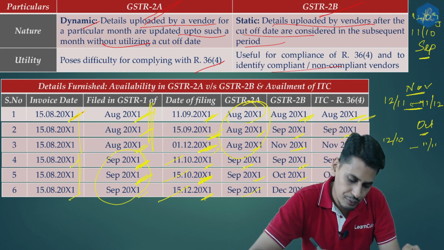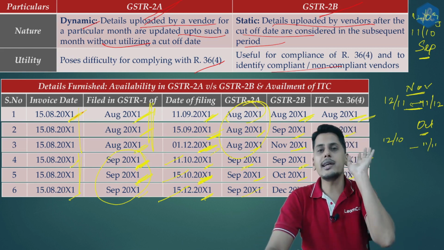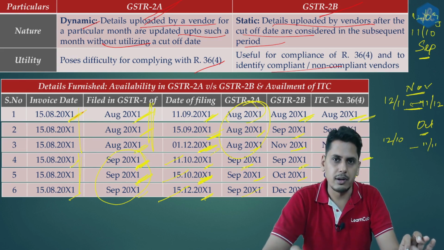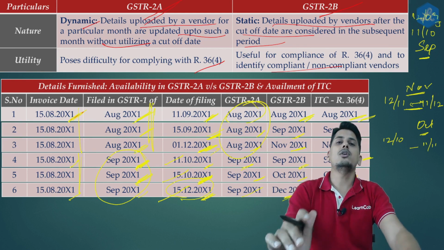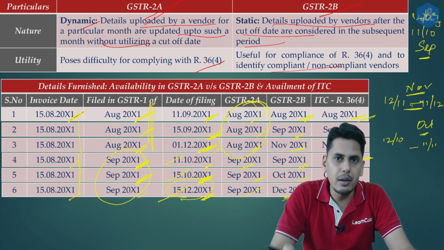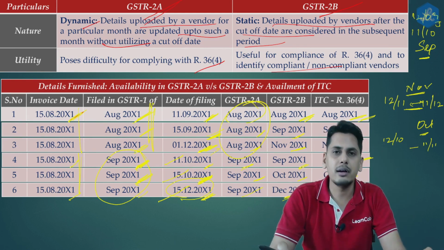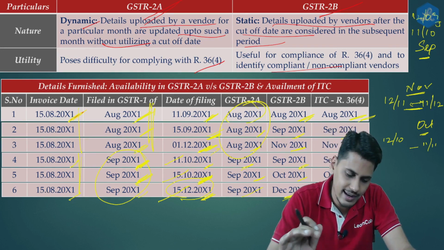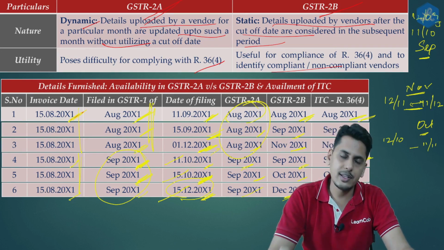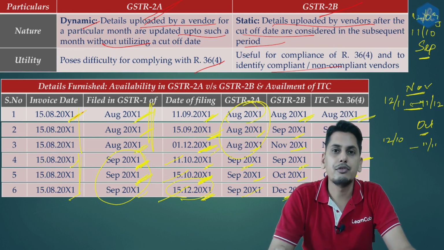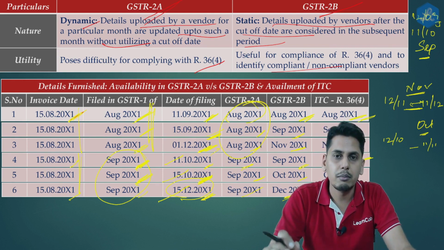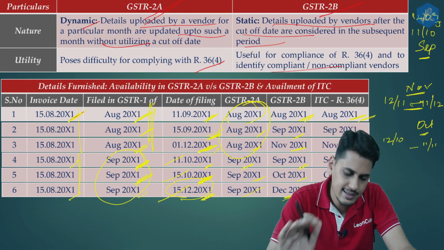As simple as that. As regards 2B is concerned, now friends, for 2B, we know it is going to appear in GSTR 2A of September. Let us check whether it will appear in 2B of September. For it to appear in GSTR 2B of September, filing should have happened by 11th of October. Has it happened? No. Next month. For it to appear in October month GSTR 2B, filing should have happened by 11th of November. Has it happened?